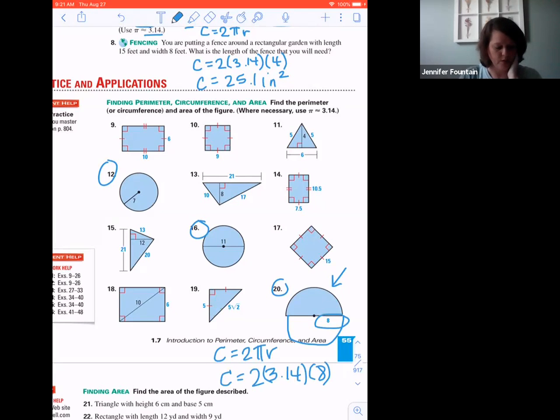Okay, so when I get there, 2 times 3.14 times 8. Well, 0.14 times 8.